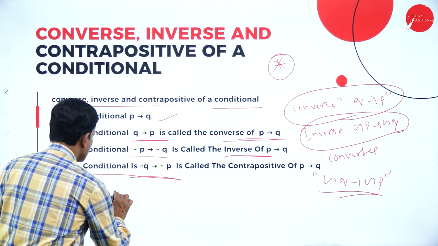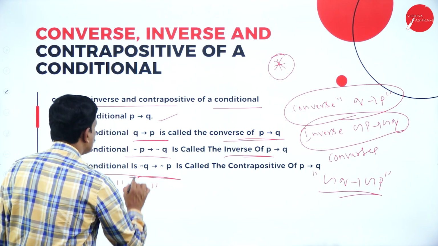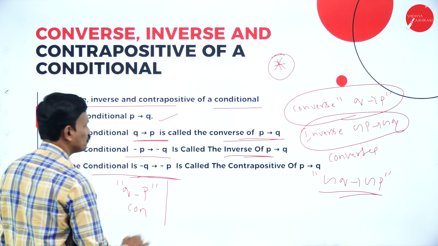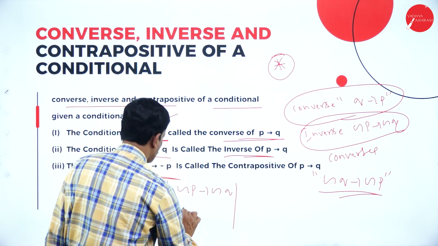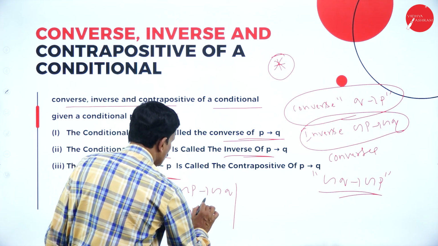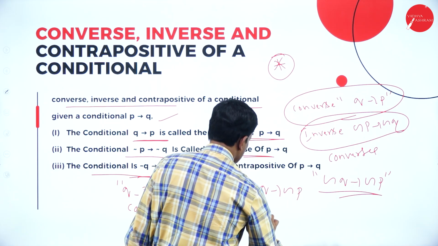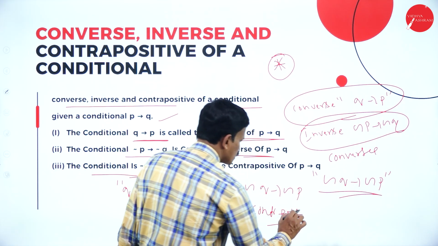So, therefore, Q conditional to P is called the converse. Then negation of P conditional to negation of Q is called the inverse, and negation of Q conditional to negation of P is called the contrapositive of the given statement.